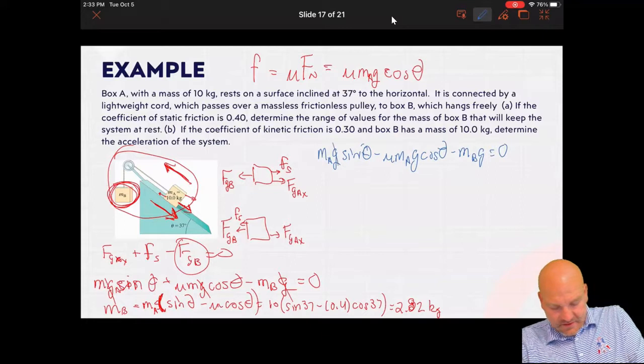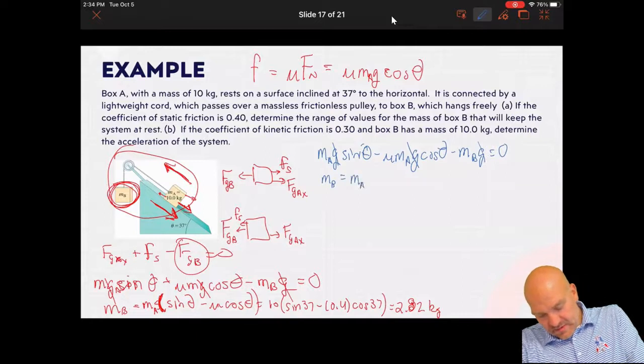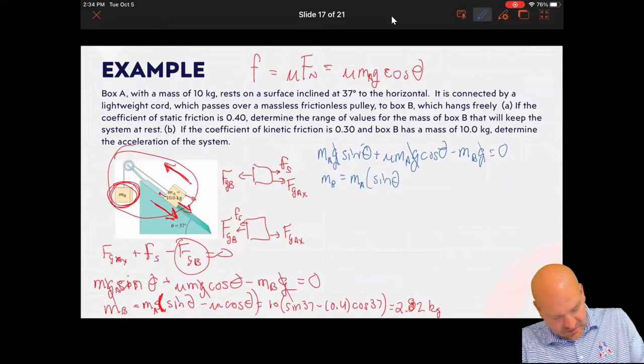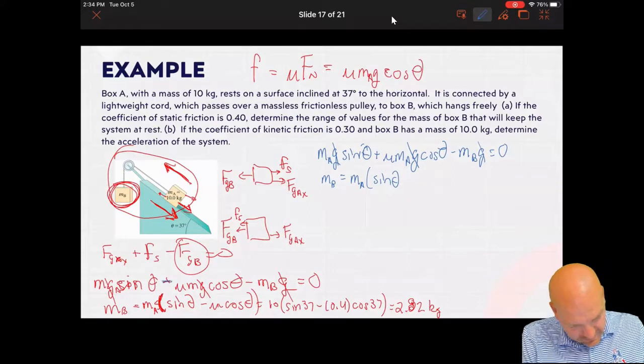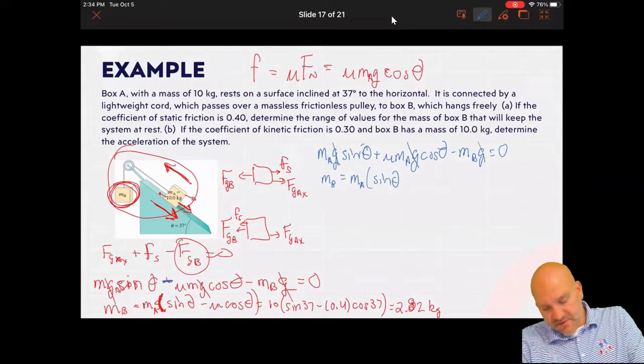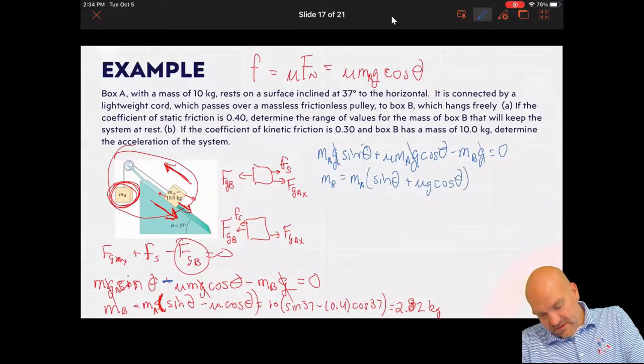The same canceling, all the g's would go away, and so I end up with m_B equals m_A sine theta. Oh, sorry, this should be a plus. So that one should be a minus. I apologize. Plus mu g cosine theta, right?